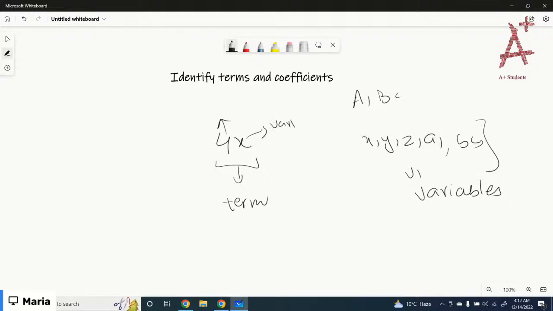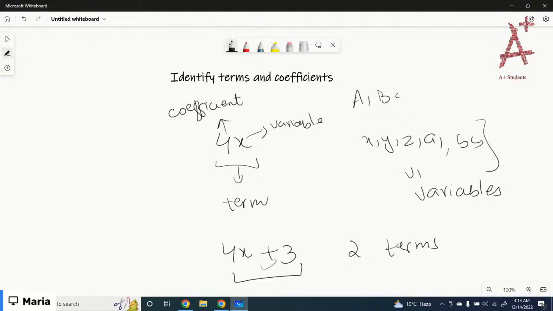So x is a variable, and the number written with the variable, like in 4x, 4 is the coefficient of the variable x. Together 4x makes a term. If you have 4x plus 3, these are the two terms, connected with the addition sign.